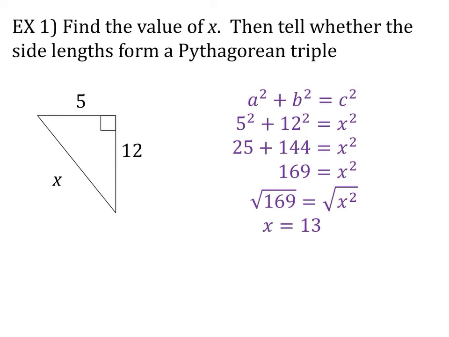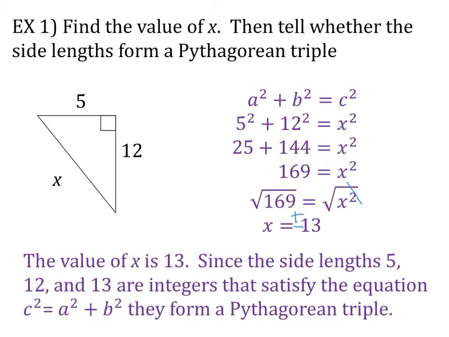So these will cancel out. The x squared and the square root undo each other, leaving you with the square root of 169, which is the positive and the negative value of 13. But the only value that works in this case is the positive 13 because it represents length.